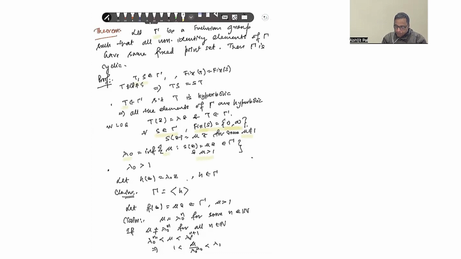So lambda naught is defined. The next claim is that lambda naught is greater than 1. Let us take Hz equals lambda naught z. What we will prove is that this gamma is generated by H.